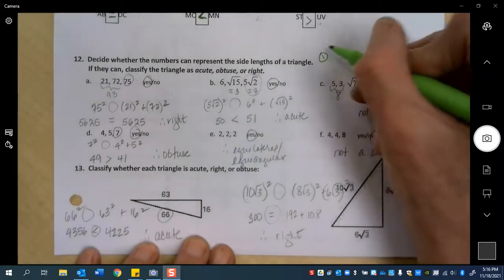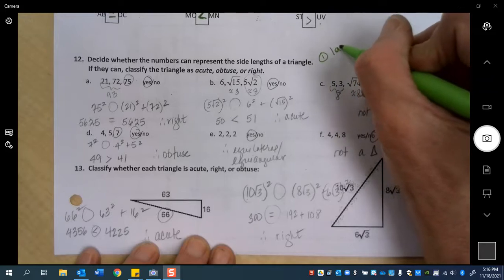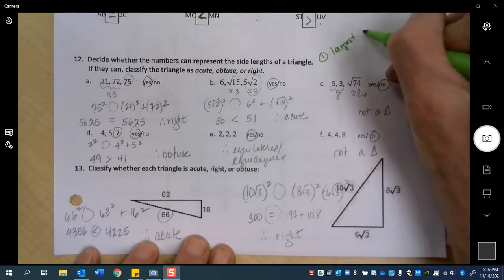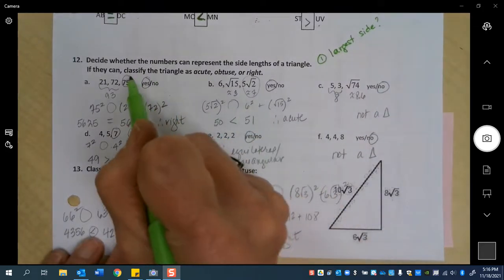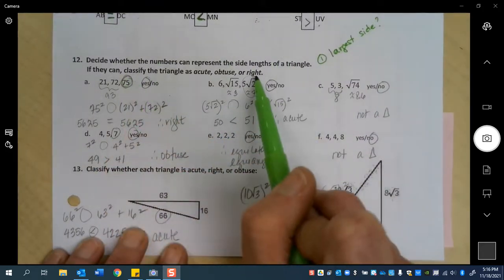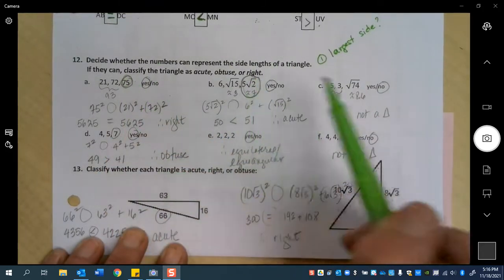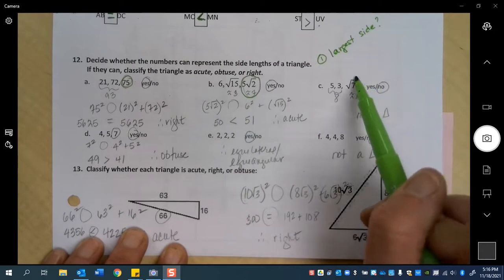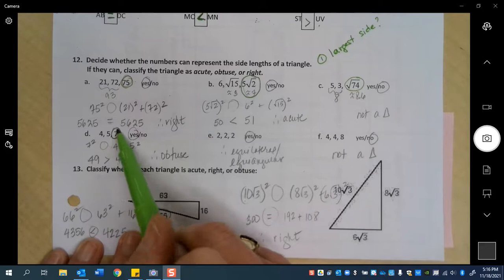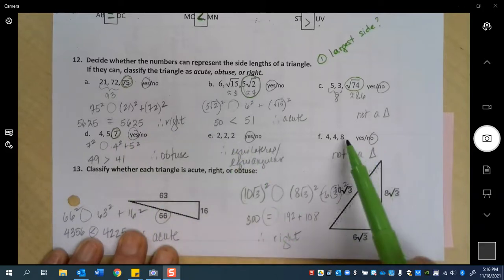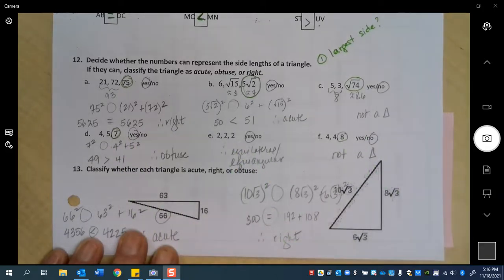Step 1, you need to first identify which is the largest side, the longest side, and I did that here by circling each one. Each one of these I talk about as my largest side. My largest side, no largest side here, and here's my largest side.